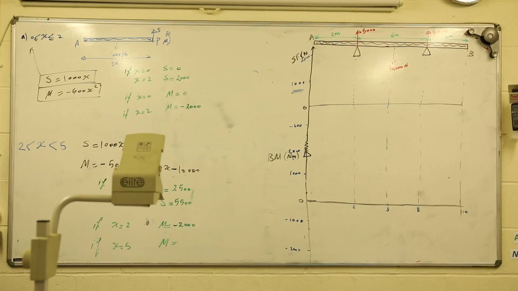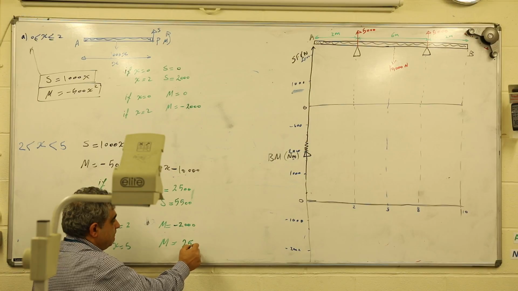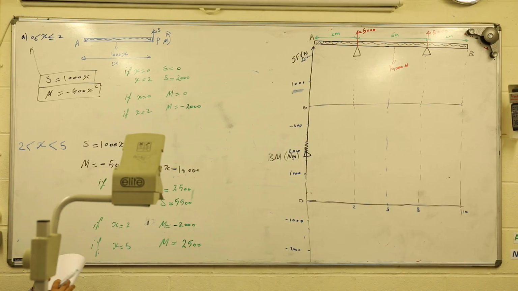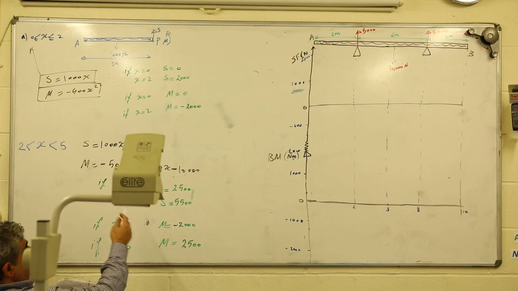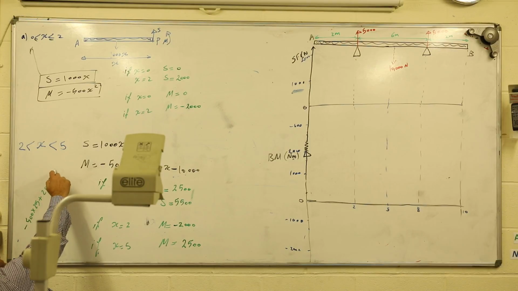Minus the 10,000, what would it be? 2,500? Positive or negative? I think it would be negative. How come? It is a 2-second job. Look, it becomes minus 500 times 25 plus 5,000 times 5, which is 25,000. Minus 10,000.